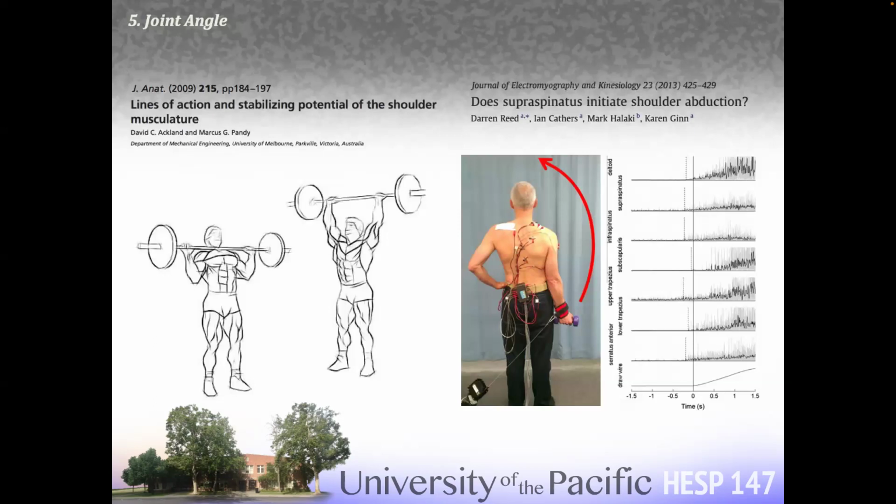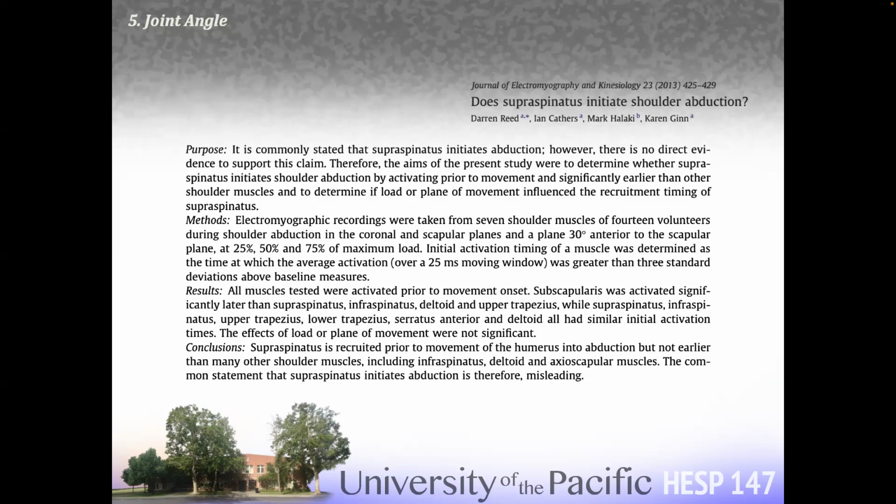So that's what the image to the right is showing, the onset of when different muscles fire in a side raise. And there's a range of when particular muscles fire, but most shoulder muscles are going to be activated prior to the movement. But that doesn't mean they all have that advantageous line of pull at the same time, whether it's early or in the middle or late.